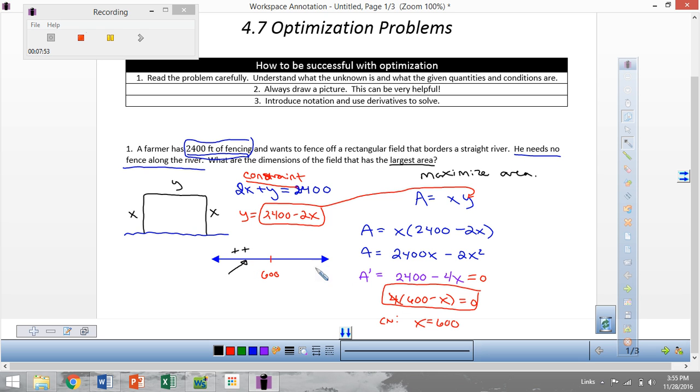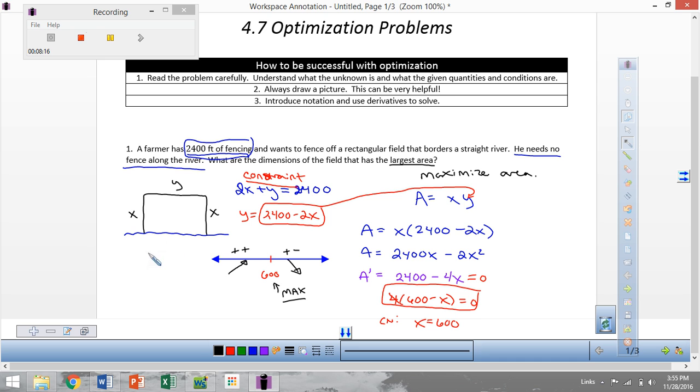And if I plug something to the right of 600 like 601, I would have a positive 4 times 600 minus 601, which would be a negative number, which means I'm going to be decreasing over here. And if I go from increasing to decreasing, that means I have a maximum, right? So this is a max, which is what we wanted. That's good.